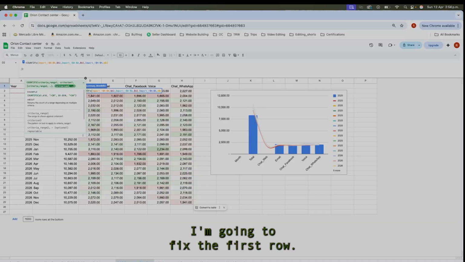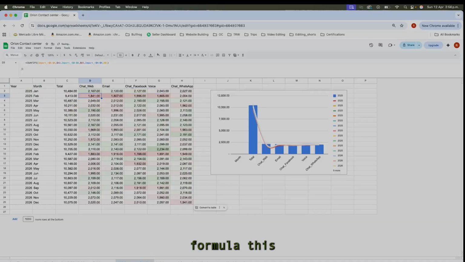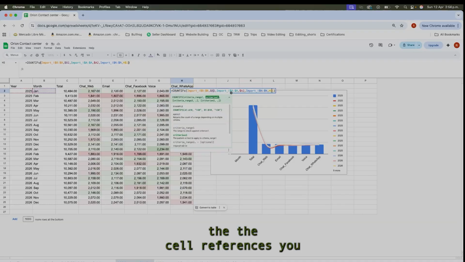I'm going to fix the first row. So when I scroll the formula, this doesn't break. You'll see that, for example, when I am scrolling the formula to the right, the cell references didn't move.